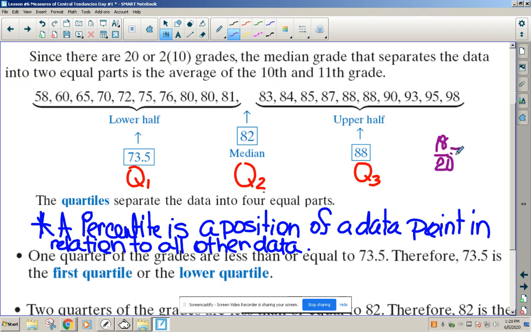That means your grade was at the 90th percentile. That means you did amazing in terms of getting a nice grade, but also in terms of comparing yourself to your peers. So that would be the 90th percentile.